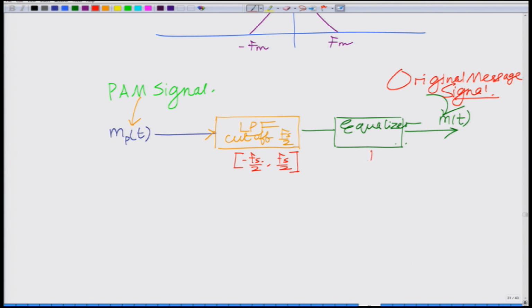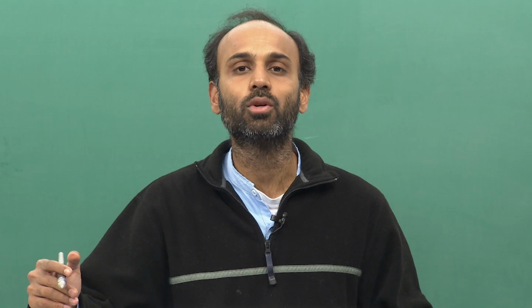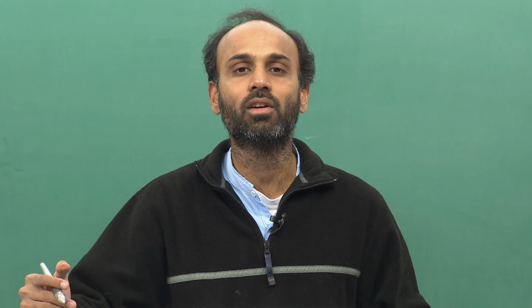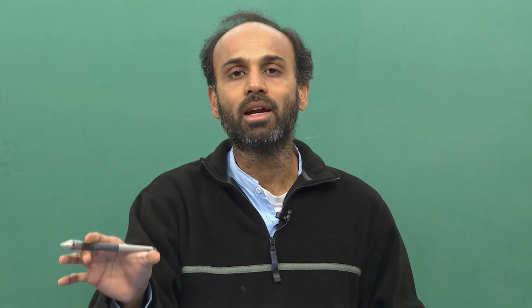What the equalizer is doing is simply it is inverting the distortion caused by the sync windowing function in the frequency domain, and then you get back the original signal M of T. Alright. So, basically the pulse amplitude modulated signal has to go through a two-step reconstruction process. First low pass filtering to extract the component at 0 frequency, and of course subsequently the equalizer.